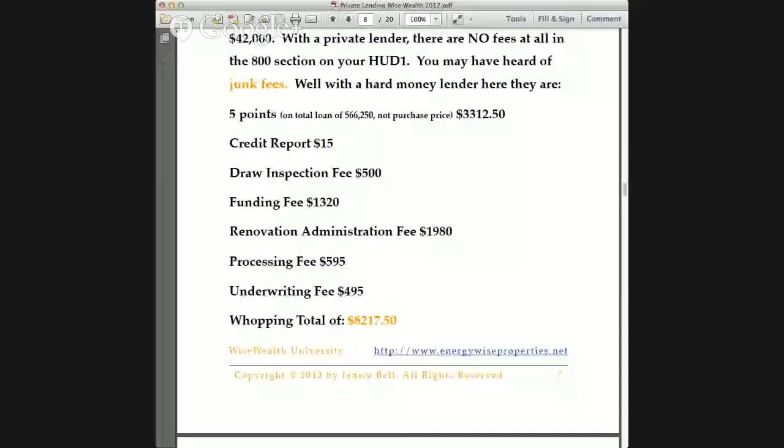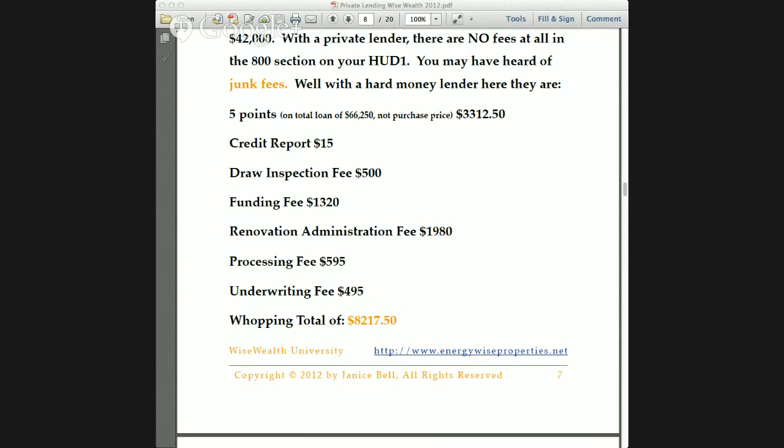All right, so here's a page from my ebook, and what I do here is list a lot of the junk fees that go along with hard money lenders.